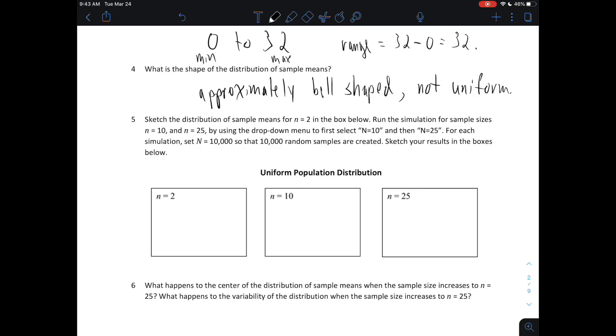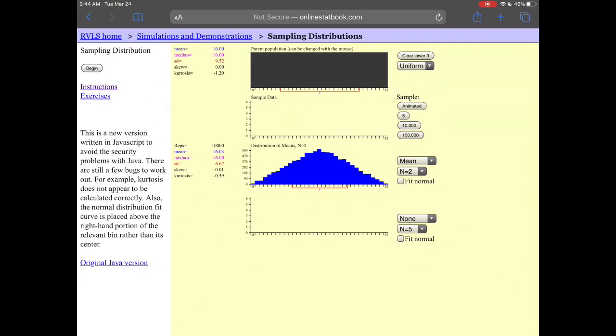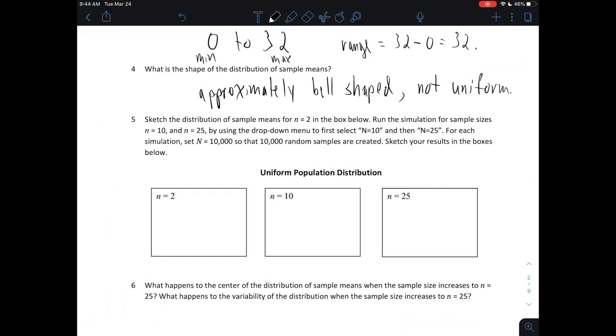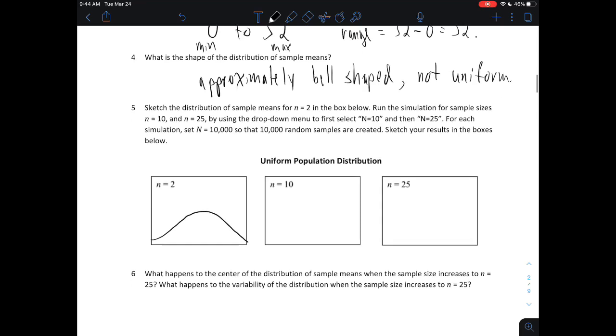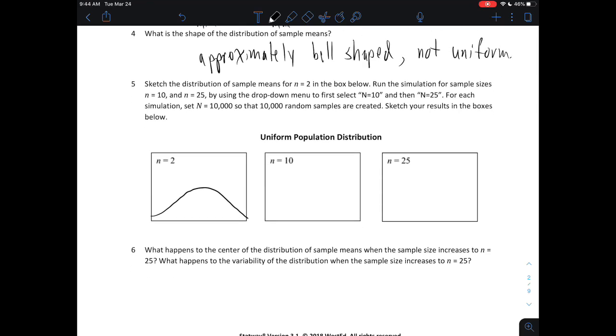So for n equal 2, we already have that graph, and it's got a wide distribution, so we'll have something that's approximately bell-shaped and extends to both ends of our box for drawing this picture. And we've got a center that's in the middle. So it could be something like that. Again, you can make your own drawing. That's just approximately what it could look like.